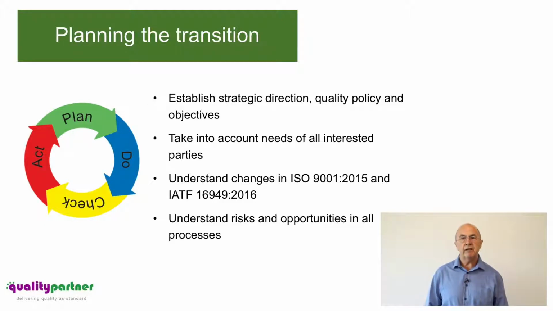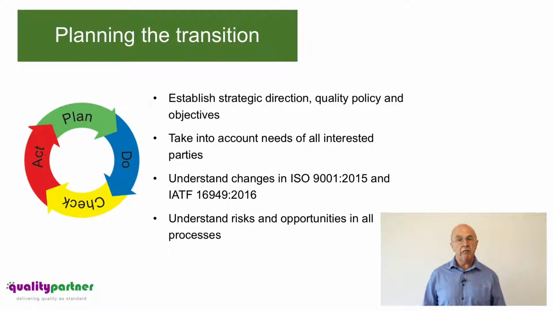The second thing that they need to do is take into account the needs of all interested parties. Whereas ISO TS 16949 talked mainly about the customer, what we see in the new IATF 16949 is the need to take into account not just the customer, but make sure that the quality management system meets the needs of all interested parties.